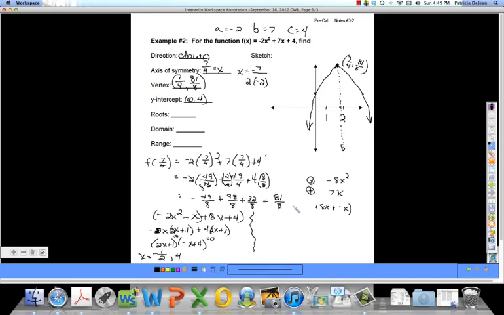Another thing I could have done to make this factorization a little easier was to divide each by negative 1. So in other words, I'd end up with 2x squared minus 7x plus 4. Divide everything by negative 1.